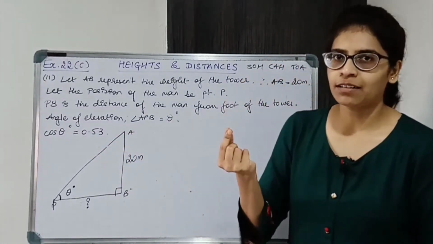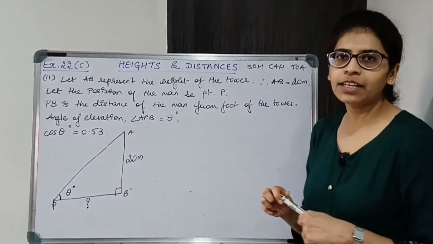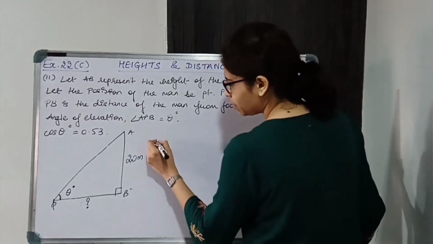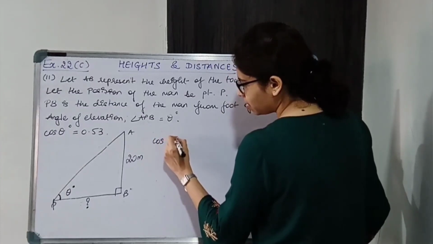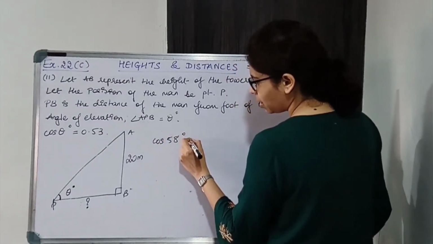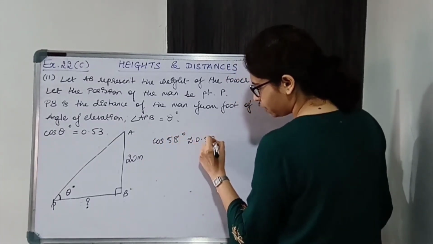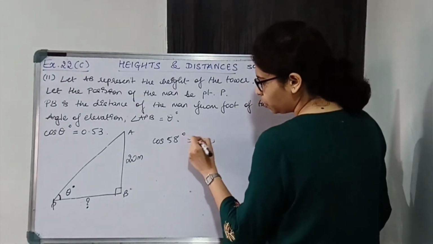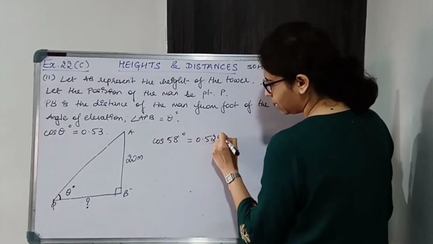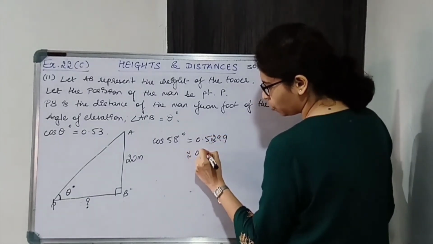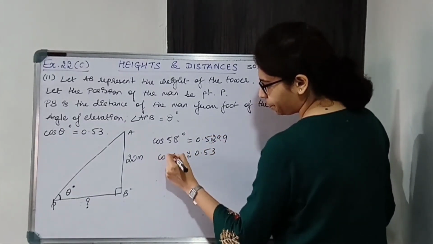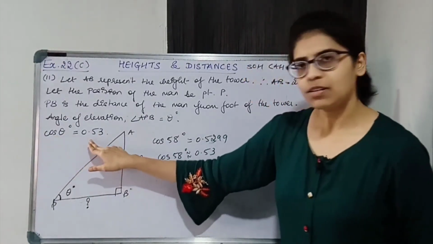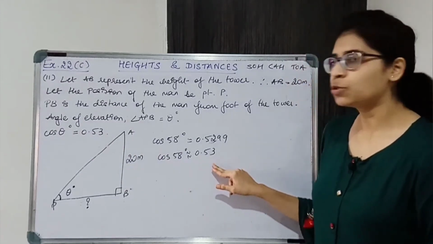First we'll find theta. To find theta, you'll observe the natural cosine table. Going to the natural cosine table, you will get cos 58 is approximately equal to 0.53. Correct? So you are getting cos 58 equal to 0.5299, so it is approximately equal to 0.53. Now cos theta is equal to 0.53, cos 58 is equal to 0.53.